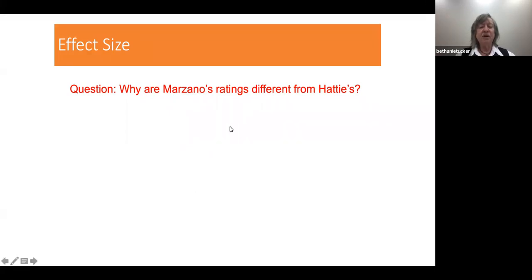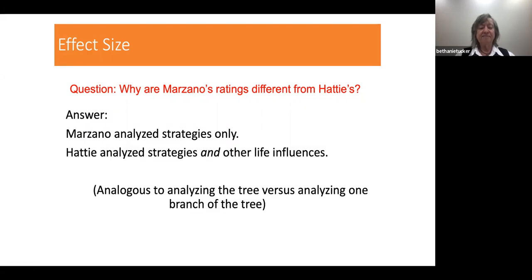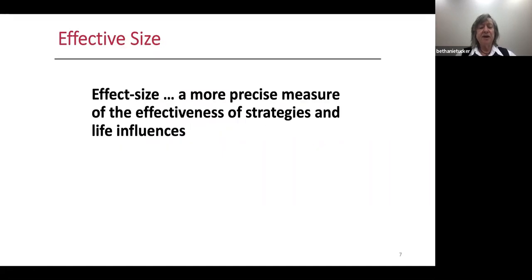So that is what causes the difference in their scores. And again, it is analogous to studying the tree versus analyzing one branch of the tree. So again, in summary, effect size is a more precise measure of the effectiveness of strategies and life influences.